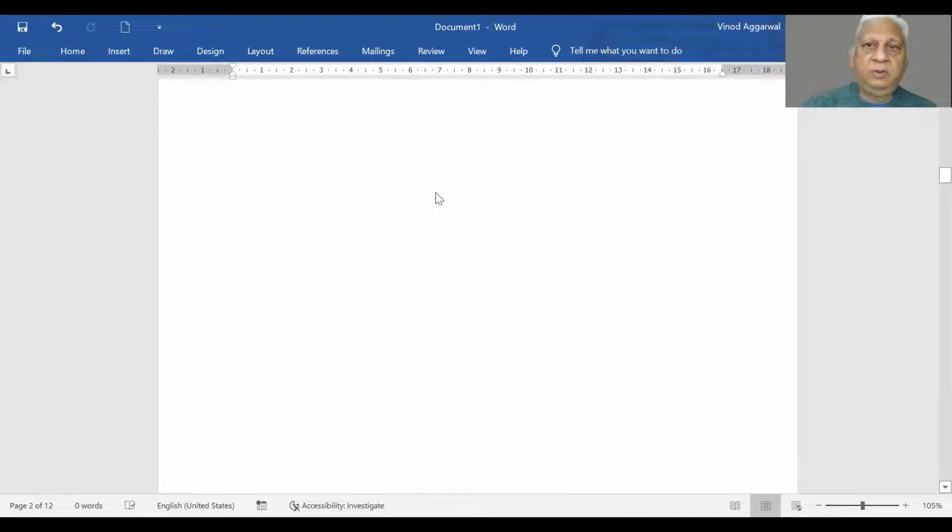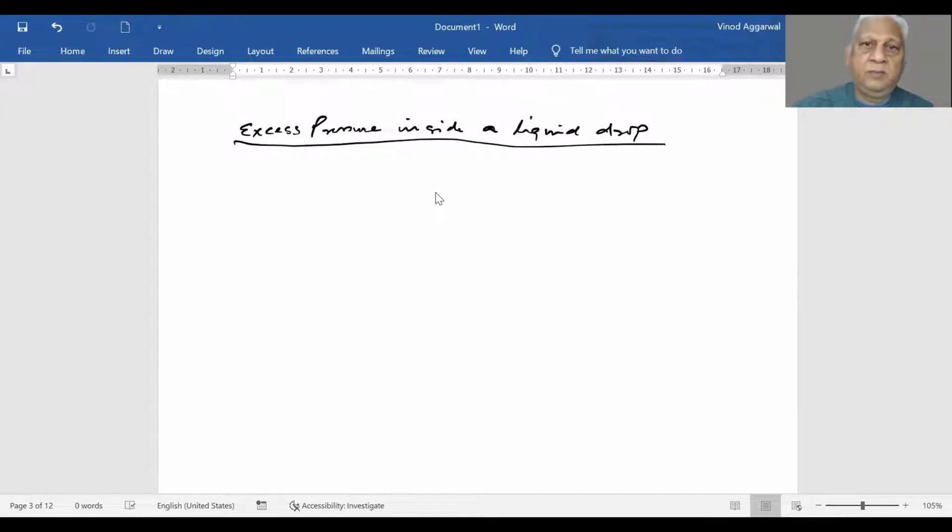Now, next topic we will talk about is excess pressure inside a drop. This is our drop.